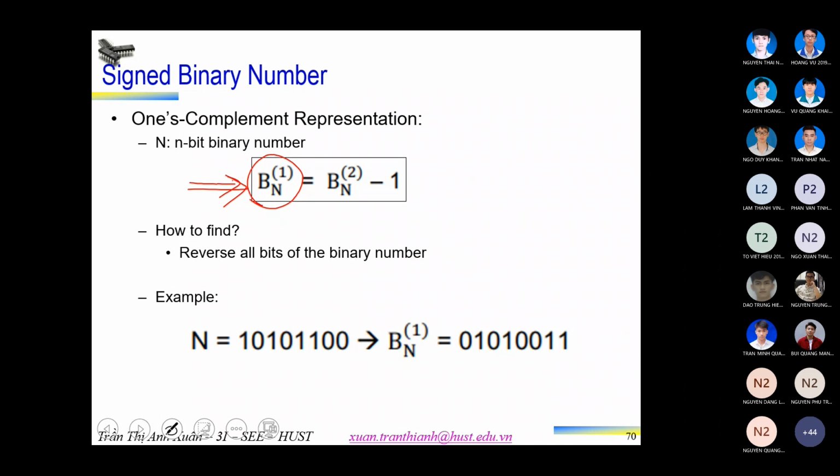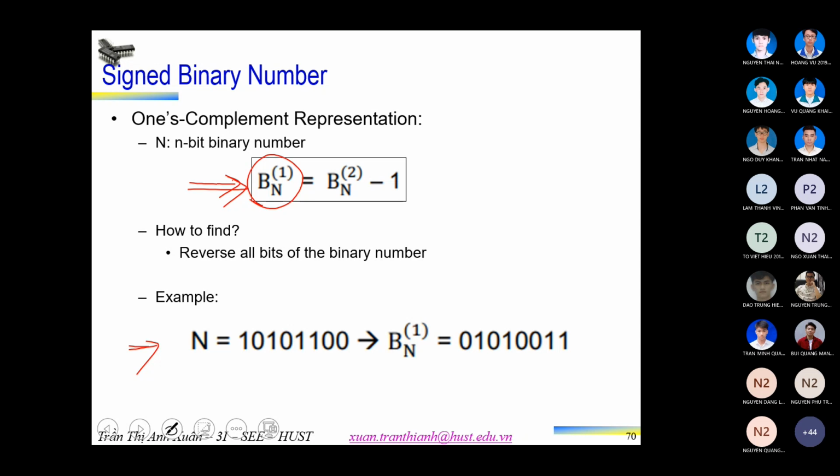For example, here we have a binary number, 1 0 1 0 1 1 0 0. We obtain the one's complement representation of this number by reversing all bits.